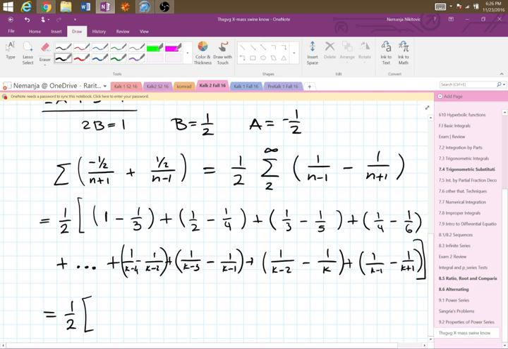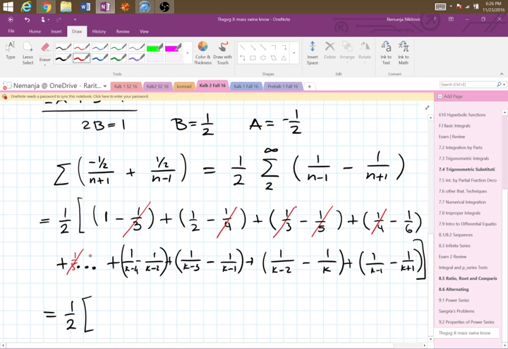So now what we are going to do is cancel positive 1/3 and the negative 1/3 because they add to 0. Then I also see there is a quarter and a quarter. The next term over here would be 1/5, which would cancel this one with this one.